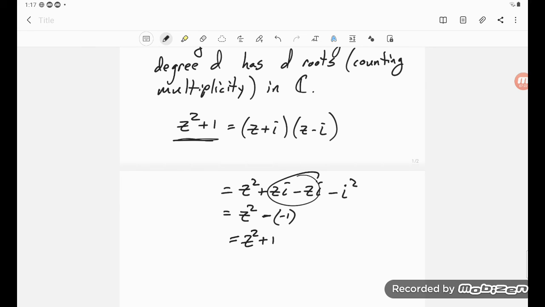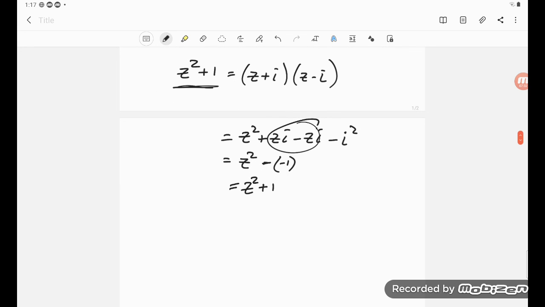So it used to be our factor theorem in real numbers is that I can factor any polynomial into either linear terms or irreducible quadratics. So in real numbers, this z squared plus 1 would be what I'd call an irreducible quadratic because I can't factor it within the real numbers.